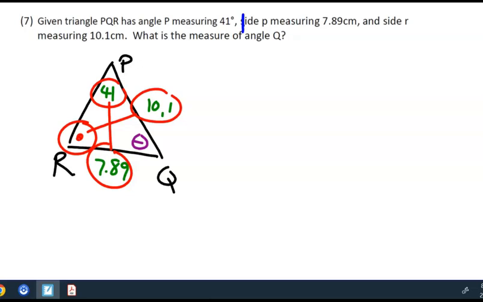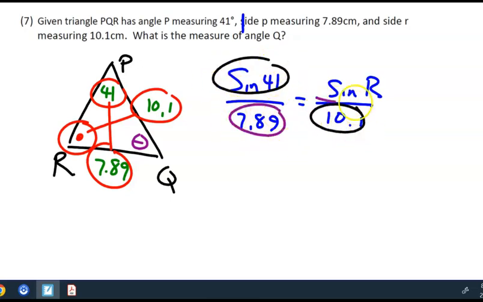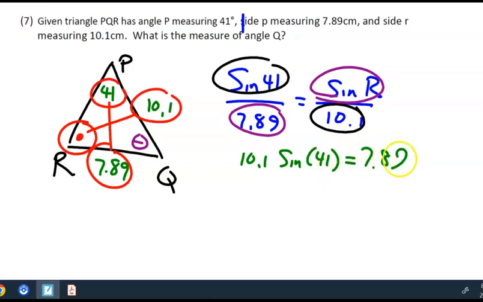So, sine of 41 degrees over 7.89 is equal to sine of angle R over 10.1. And we cross multiply. So 10.1 times the sine of 41 degrees is equal to 7.89 times the sine of angle R.